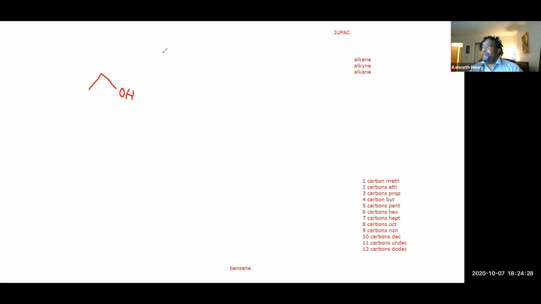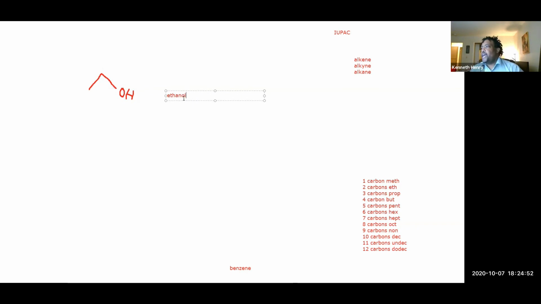The way that we name alcohols is, we use how many carbons there are. How many carbons are there? 2. And we call anything that has 2 carbons in it ethyl, and since there's single bonds, no double bonds, we use ethanol.